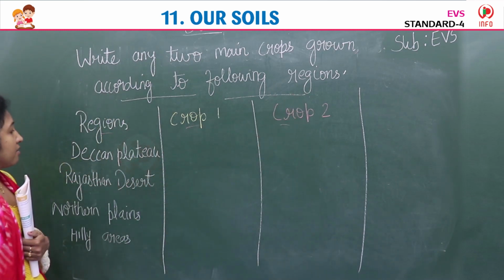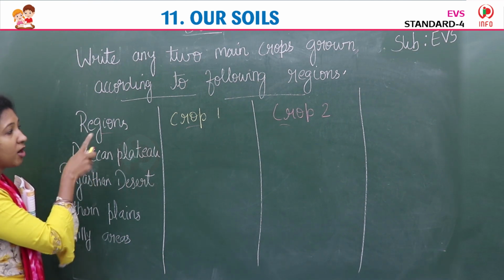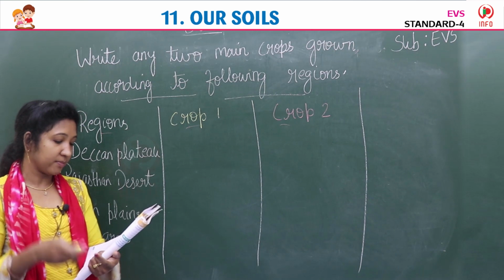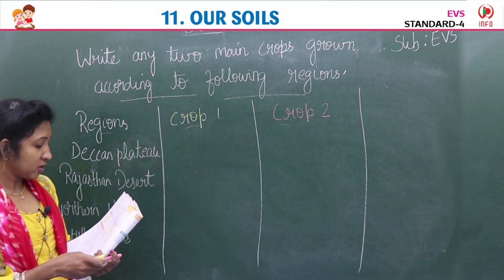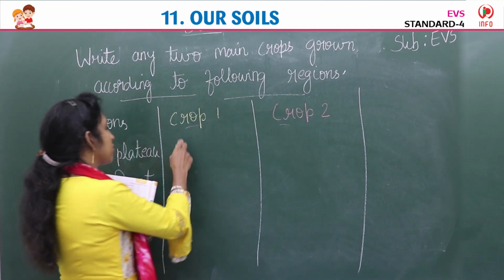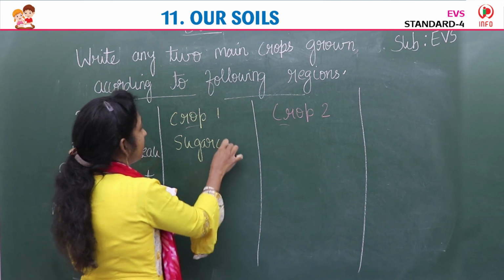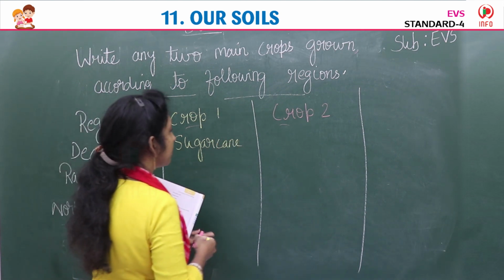Okay. So Deccan Plateau, in this region, what all crops can be grown, children? Yeah, sugarcane, then groundnut.